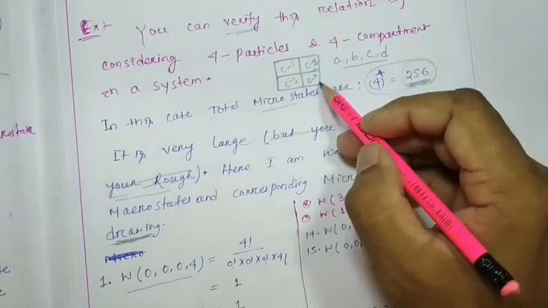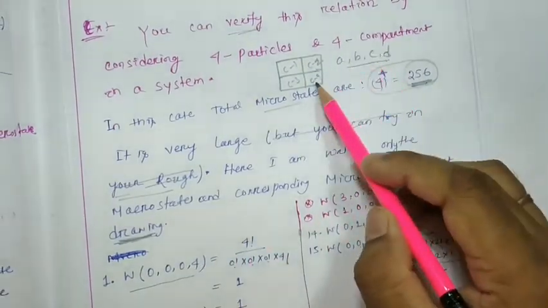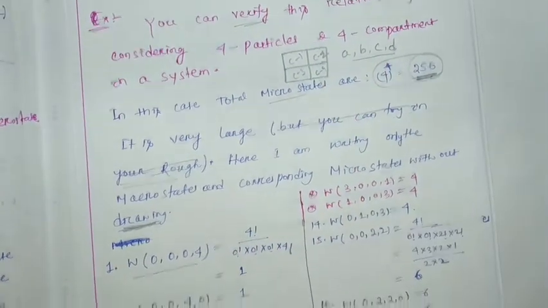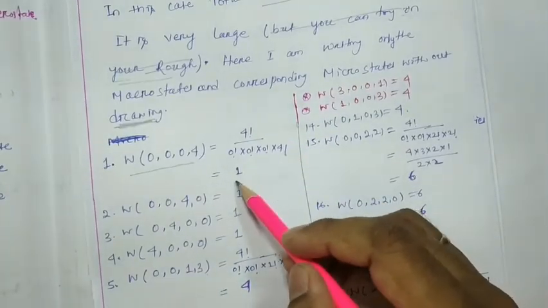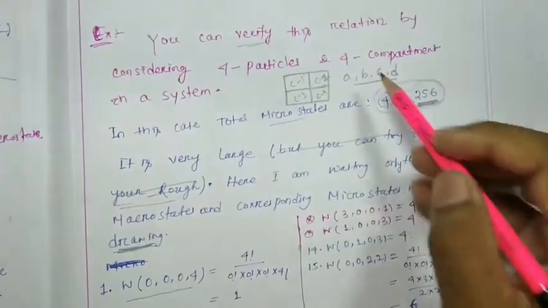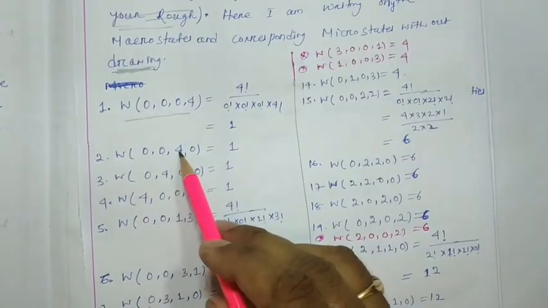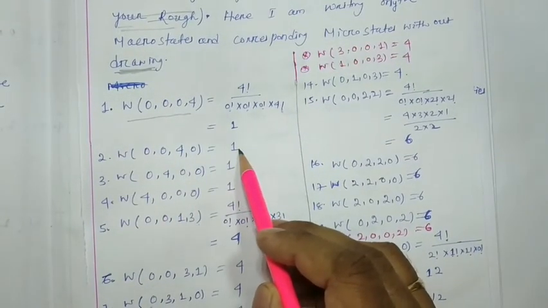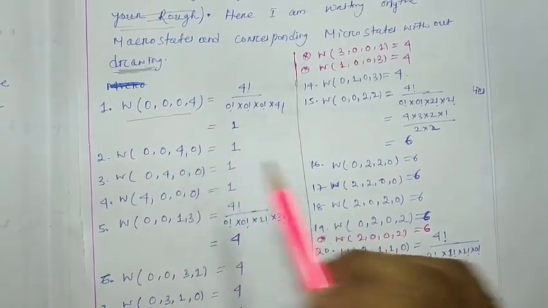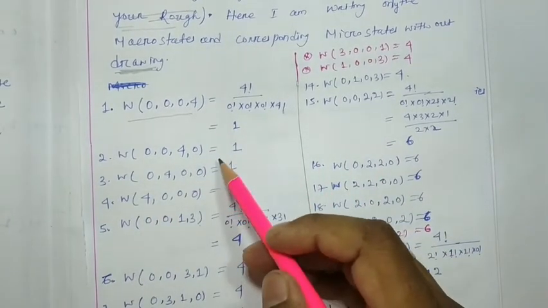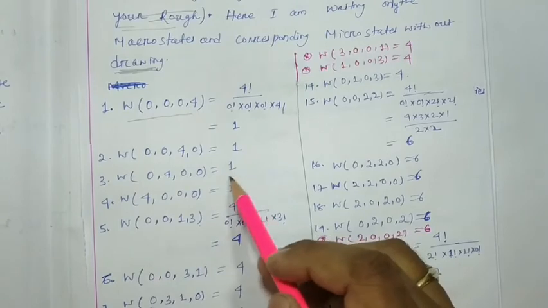So all the particles are in the 4th compartment, and the microstates will be 1. Let all the particles be in the 3rd compartment, that is macrostate 0040, also 1. Likewise, whenever all the particles are in a certain compartment, the microstates will be 1.